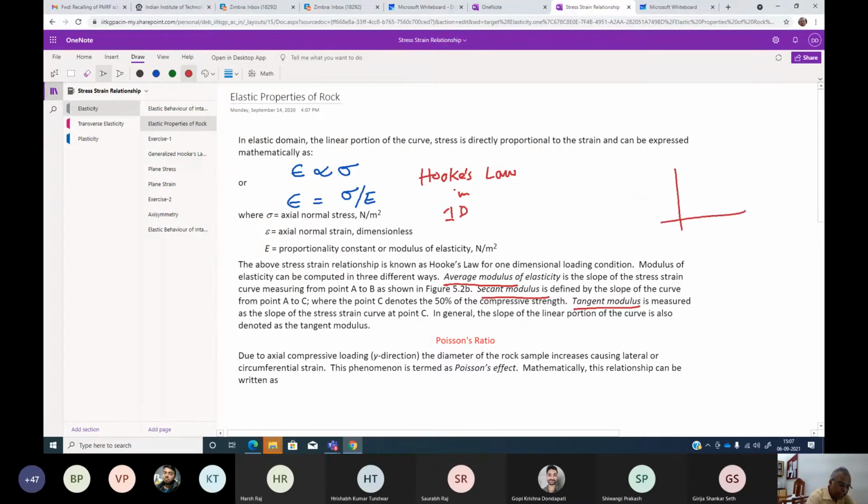If this is strain and if this is stress, actually we see something like this. Okay, it's not like that though. It goes like this, and maybe then it comes down. Let me draw it again for you.